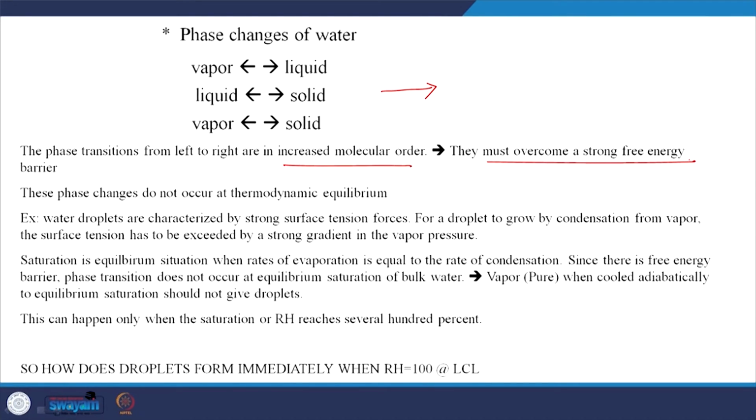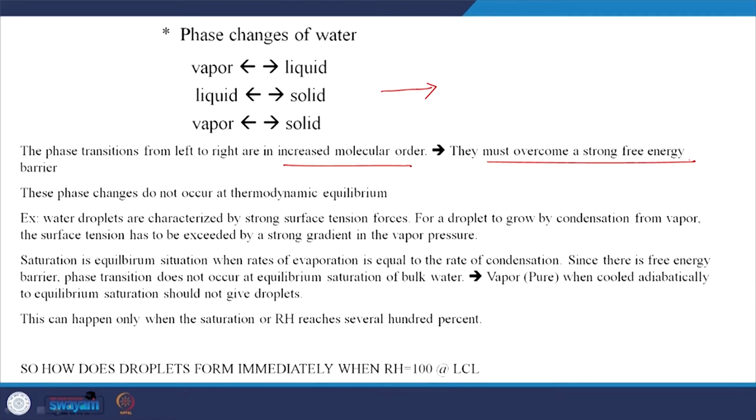Pure vapor, when cooled adiabatically to equilibrium saturation, should not give droplets. The purest phase of vapor, without any impurities or foreign nuclei which can absorb water, will never result in the formation of droplets even when the relative humidity reaches 100%. This can only happen if the relative humidity reaches several 100%, right.